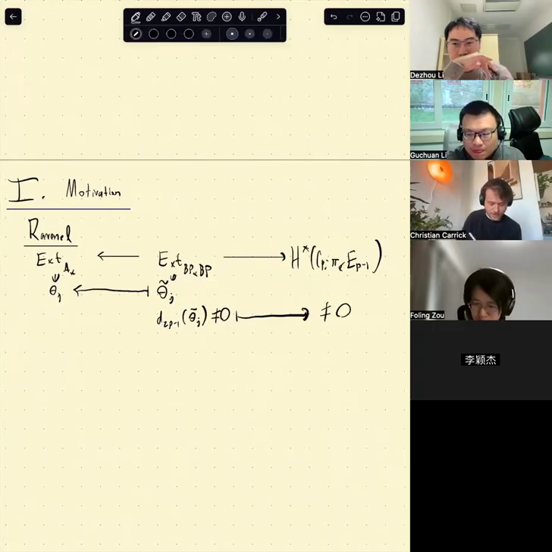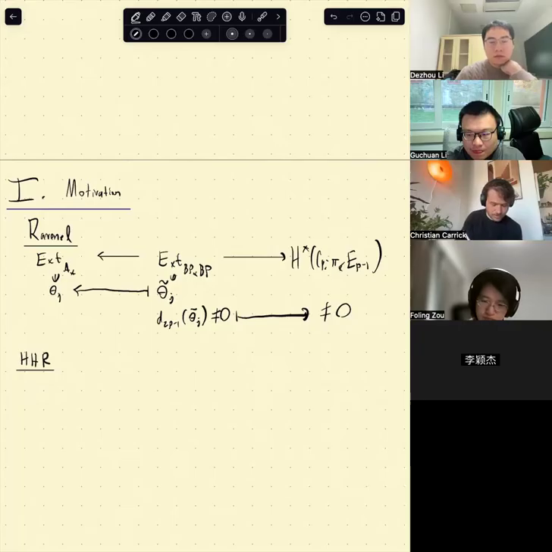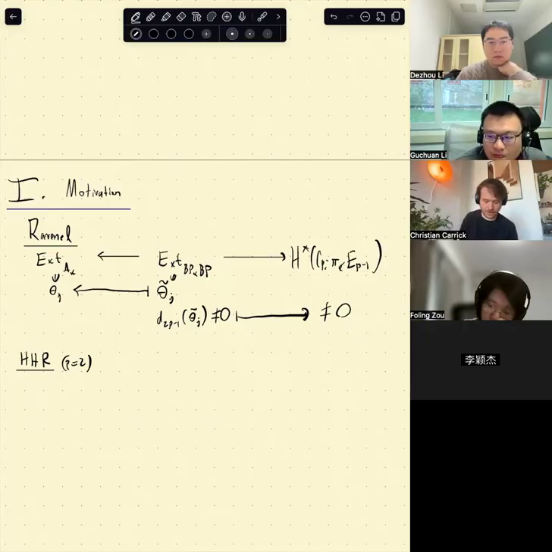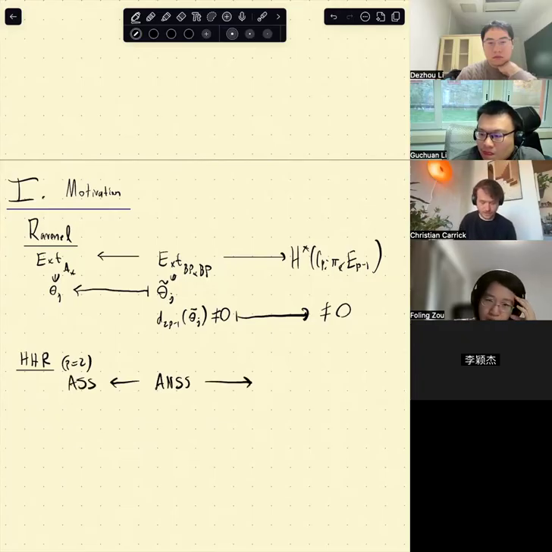Okay, so Hill-Hopkins-Ravenel built on this argument at the prime 2, and there they did need more than just this algebraic data. The first thing they noticed is that you could lift this diagram to one of spectral sequences. On the left, you have the usual map from the Adams-Novikov to the Adams spectral sequence.